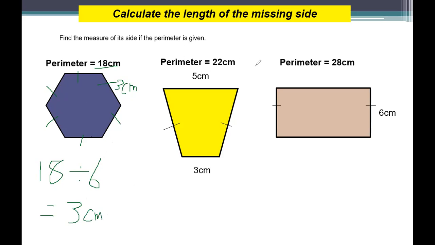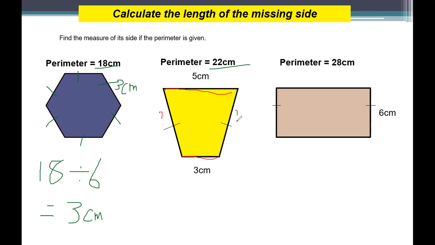How about this? If you can see, the perimeter is given, this side is given, and this side is given. We don't know these two sides, but what do you notice? These two sides are equal. What will be the missing side of this?